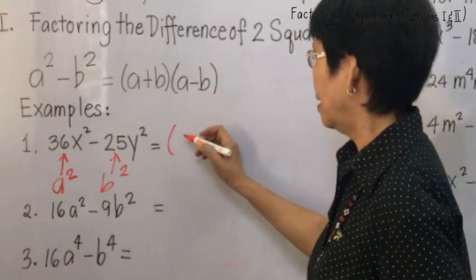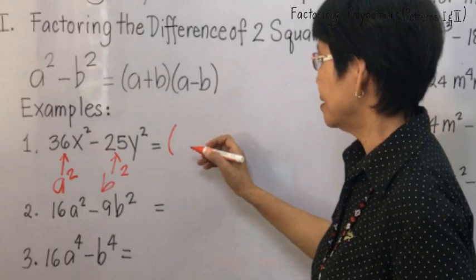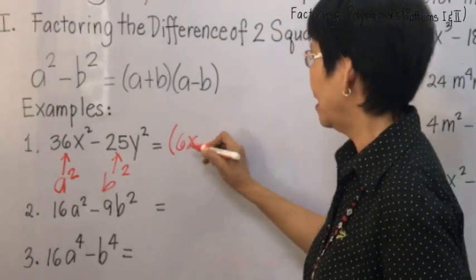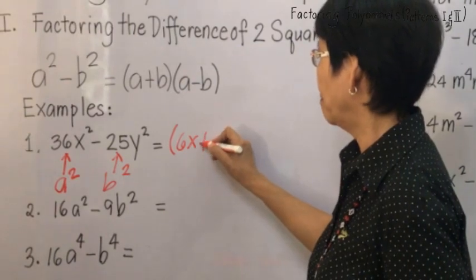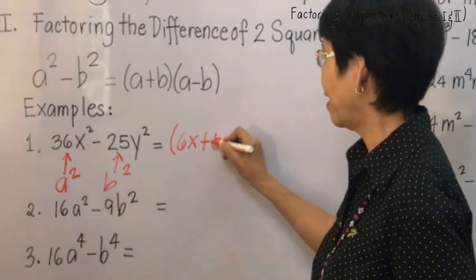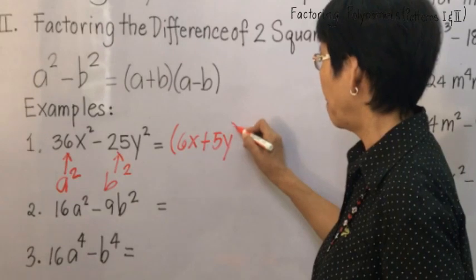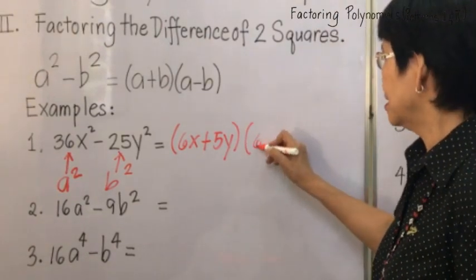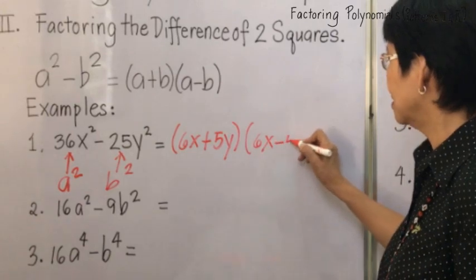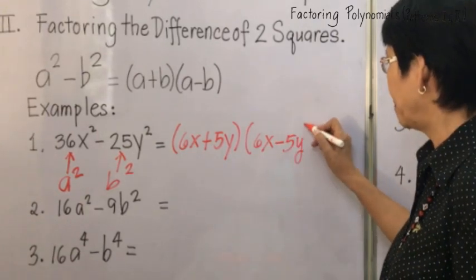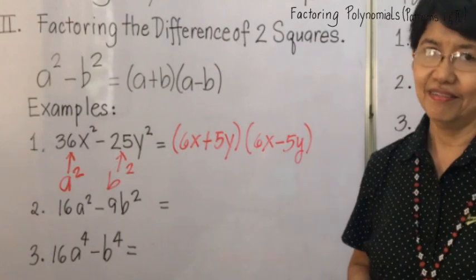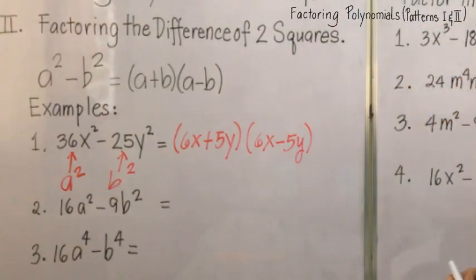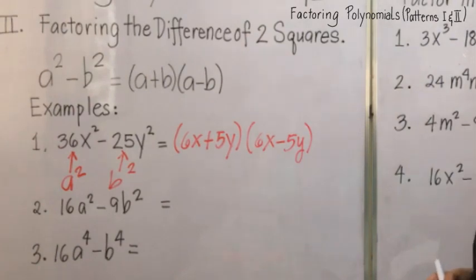So the a is equal to the square root of this, so we have 6x plus the square root of this is 5y. And then the other factor is 6x minus 5y. And that's the answer.